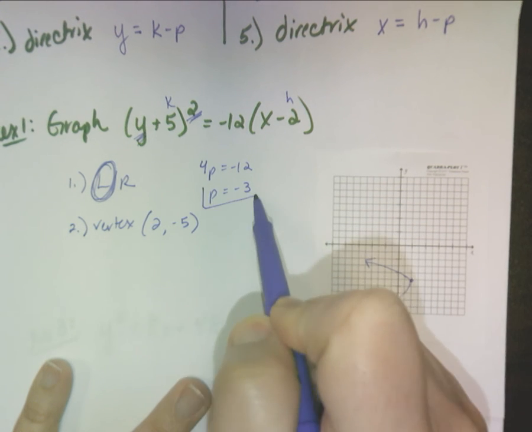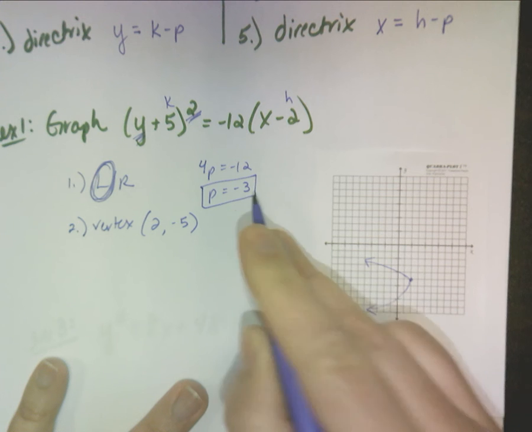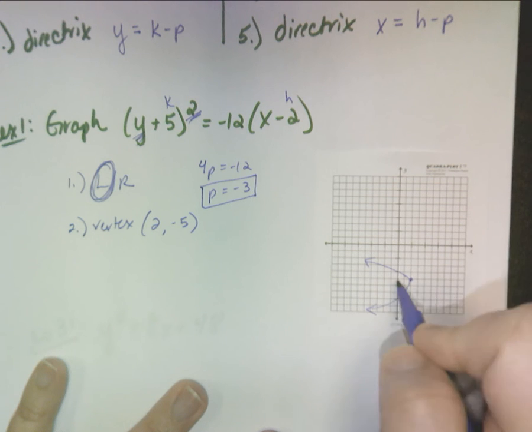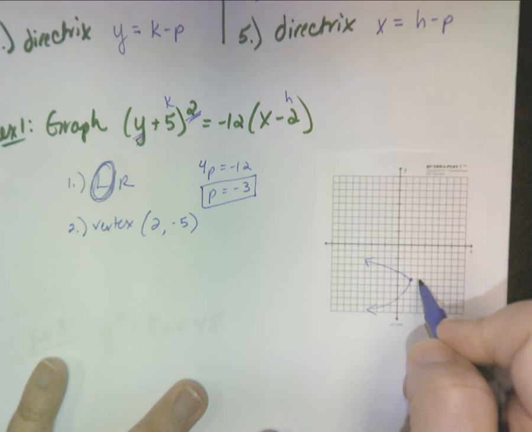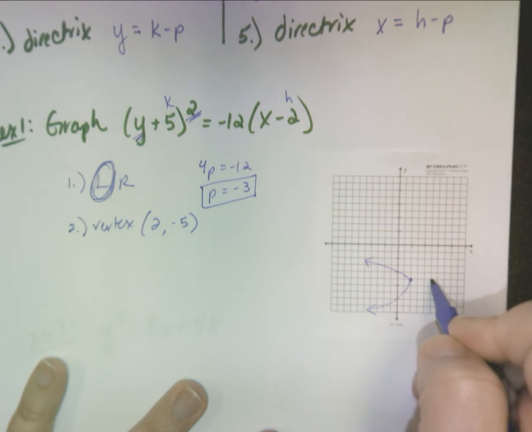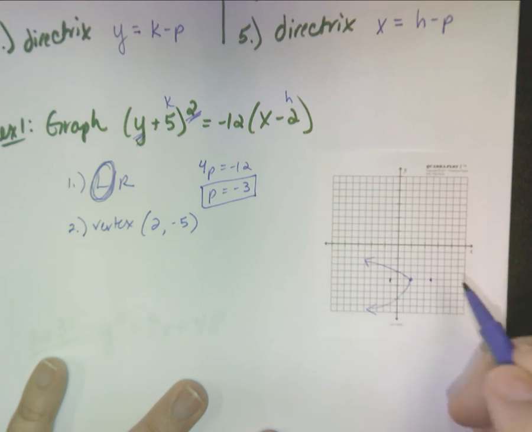This P is your magical number. That P, you are going to move 3 units this way and that way, to the right and to the left, because that's how we're opening. So 3 units to the right, 1, 2, 3. 1, 2, 3.